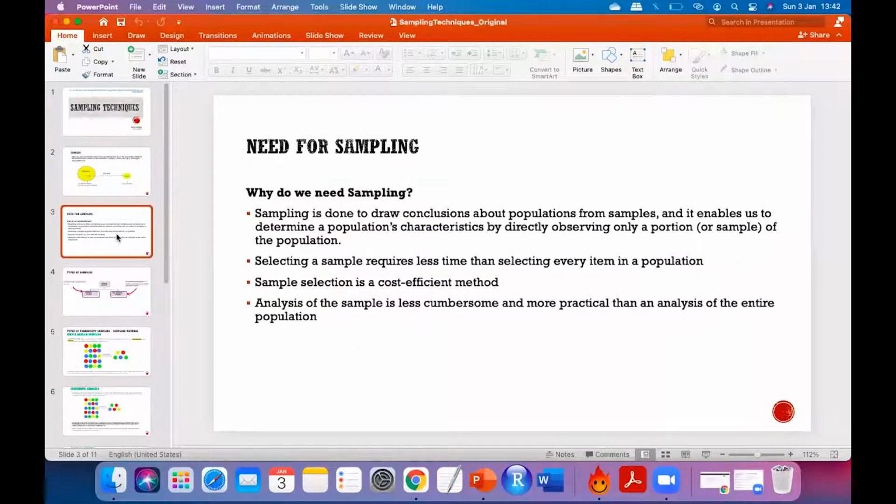Okay. Now let's look at the need of the sampling. Why do we need sampling in the first place? Some parts of it we have already covered, but let's get some pointers, right? We know that it is done to draw a conclusion about the population by just observing the sample. And then we infer about the population.